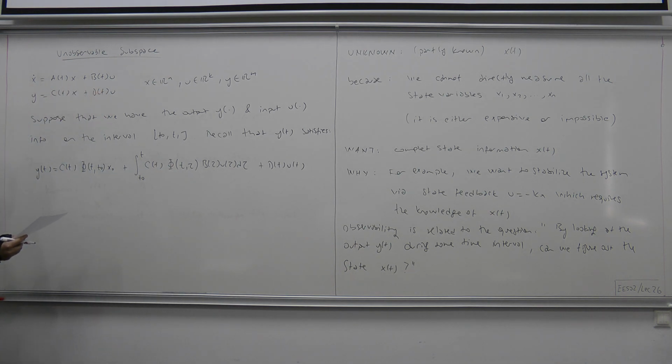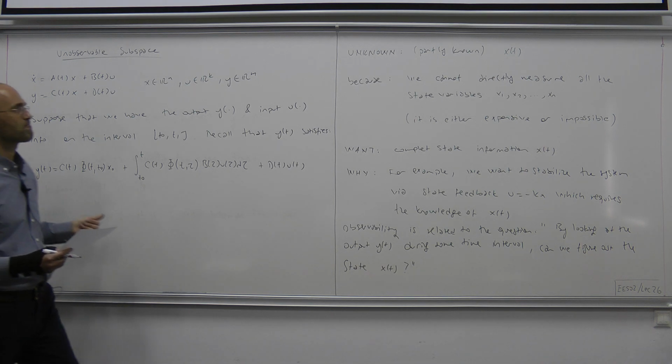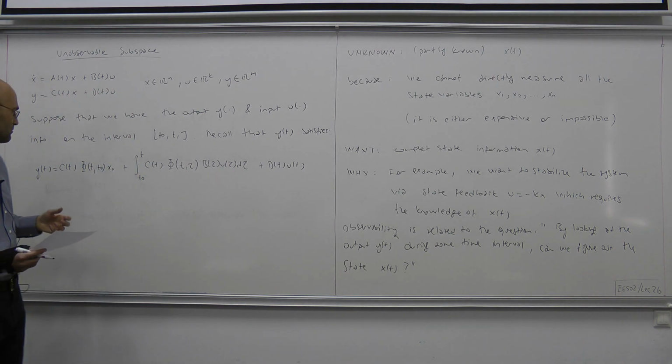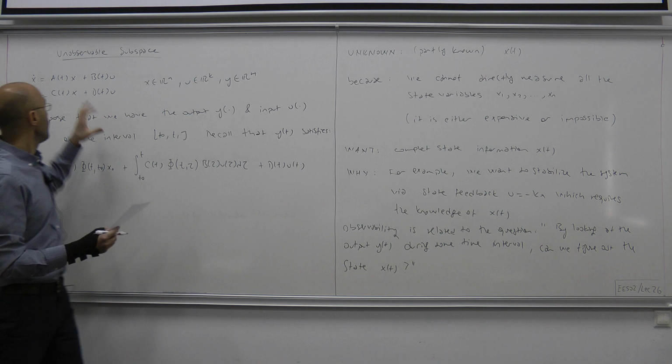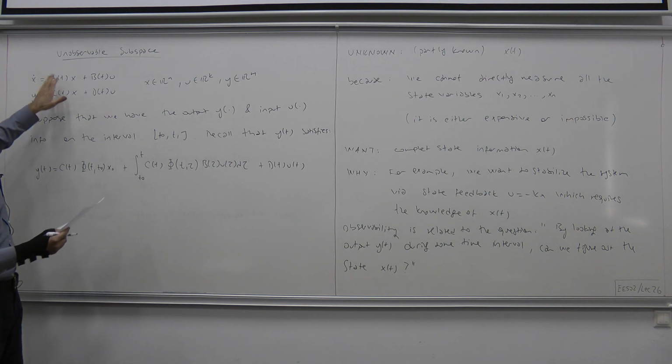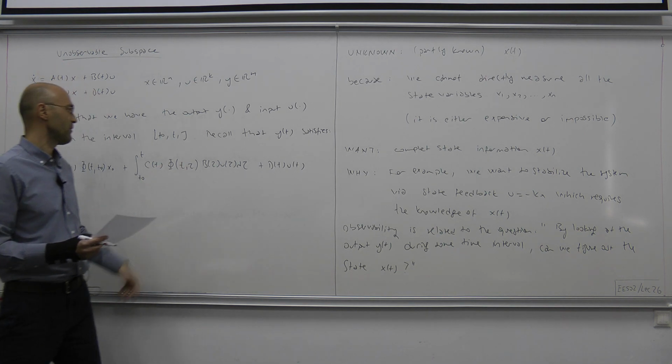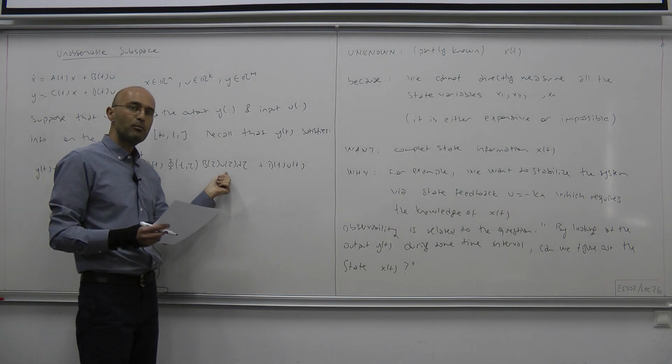Now in this expression, let's mark what is known and what is unknown. Y of t is known, because it's our measurement that we collect from the system. All these system parameters are known, the A, B, C, D matrices. We assume that they're known. We know what the input is.